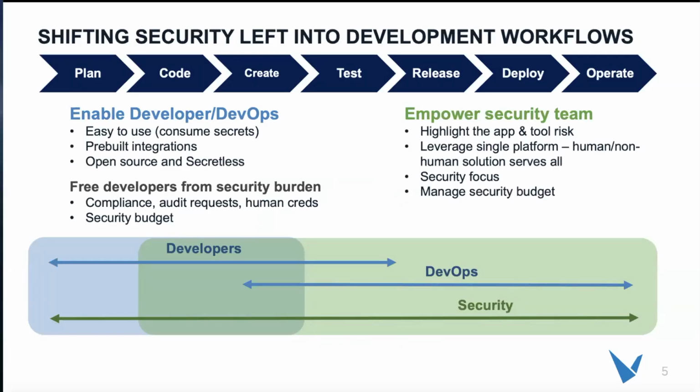Today we're going to talk about a couple of solutions or approaches that allow us to enable developers and our people in DevOps to easily consume secrets, while at the same time empowering our security teams to have line of sight to risk, leverage a single platform for credential management and audit, and basically enable them to instill GRC or governance.